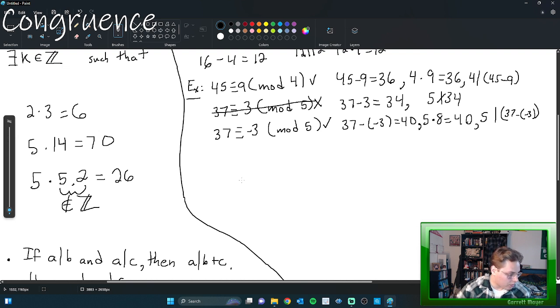Okay, so with all of this, let's discuss some properties of congruence. So we know with equality, there's a few properties of equality that hold. And we're going to compare congruence to equality. So we have the reflexive property: A equals A. We also have the symmetric property.